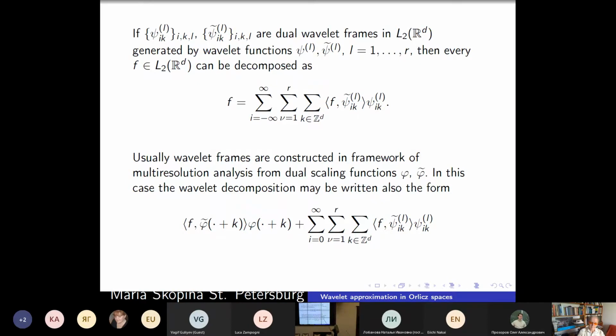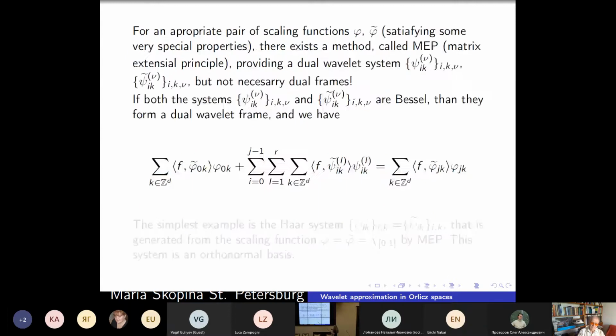What is important is that they are constructed from two functions called scaling functions, and the wavelet expansion can be rewritten in this form, where the first term is just scaling functions. So this is also a wavelet expansion we discuss.